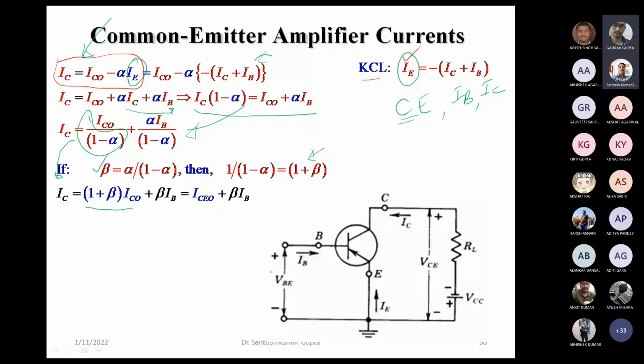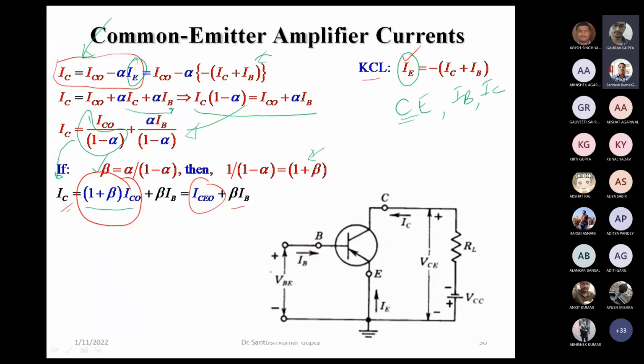And 1 plus beta ICO is called ICEO. So for common emitter, we rewrite this equation as IC is equal to beta IB plus ICEO.